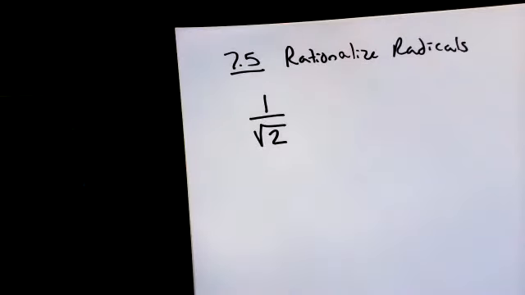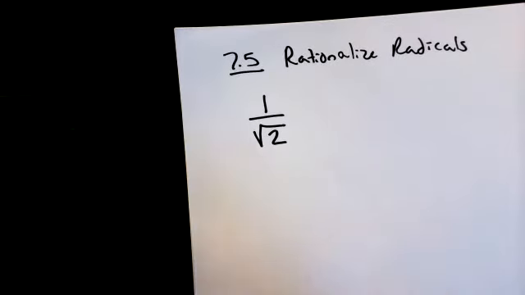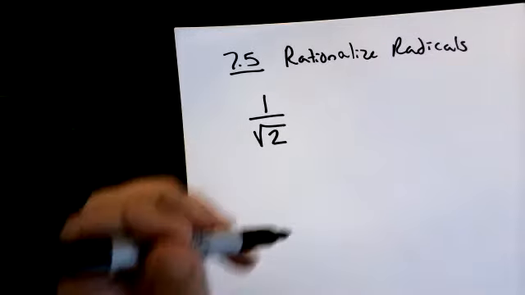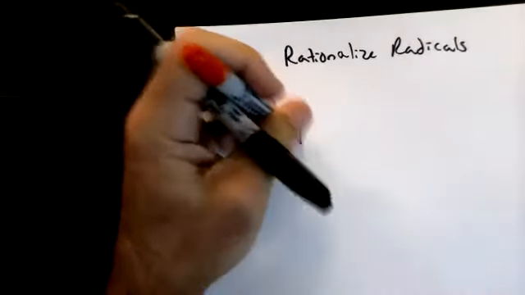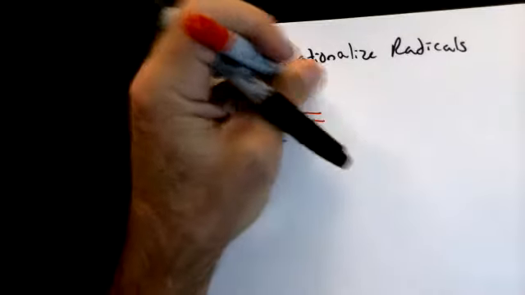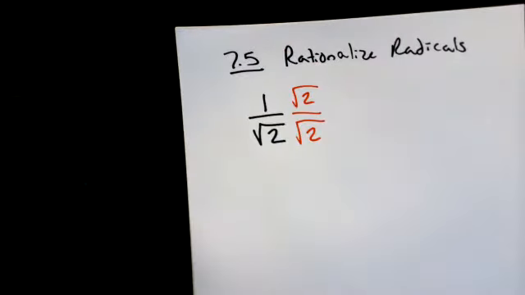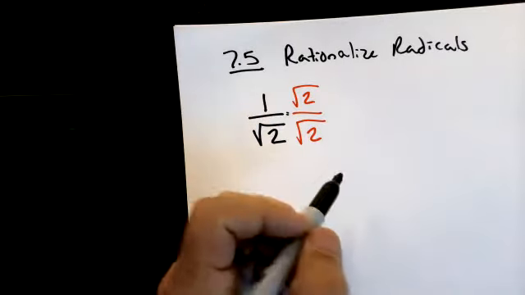Okay, so in order to rationalize, we've got to get that radical off the bottom. We've got to multiply. To get rid of this square root, we're going to make it a perfect square. The easiest way to do that with a square root is to multiply it by itself. Anytime you take a square root times itself, you get a perfect square. And again, whatever you multiply to the bottom, you have to multiply to the top.